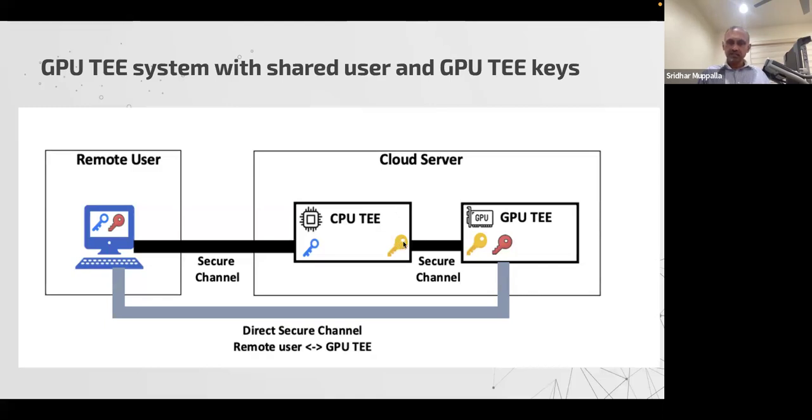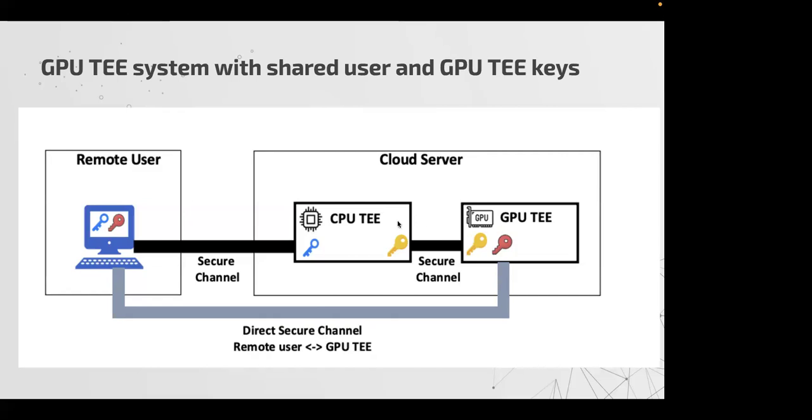Okay, but instead of the GPU driver, they implemented their own emulation software, which takes care of having the shared key, and I think it will just pass through, because it knows that whatever data has been sent has been encrypted with the shared key between the CPUT and GPUT. I think the same shared key will be used by the remote user.